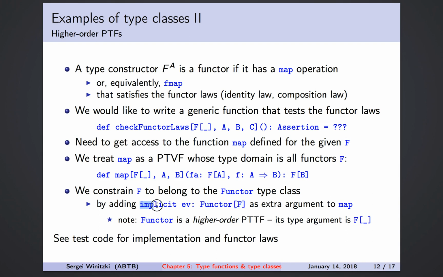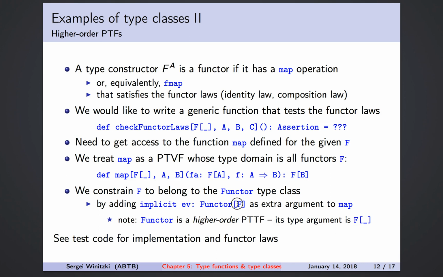In other words, we will define this implicit evidence value for each Functor instance, and we will then require that this implicit argument be one of the arguments of the checkFunctorLaws function. We'll see the implementation in a second, and for now just know that Functor is a higher order type-to-type function.